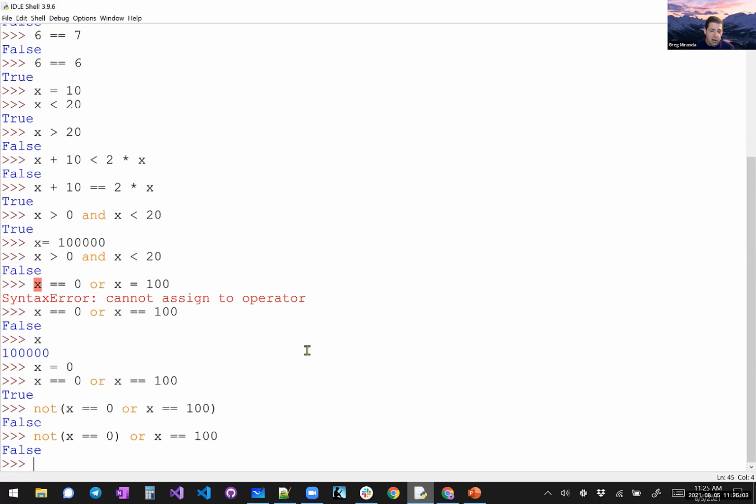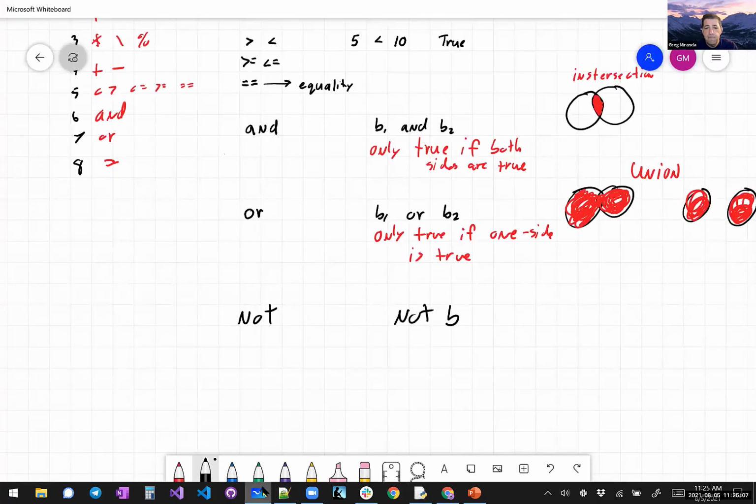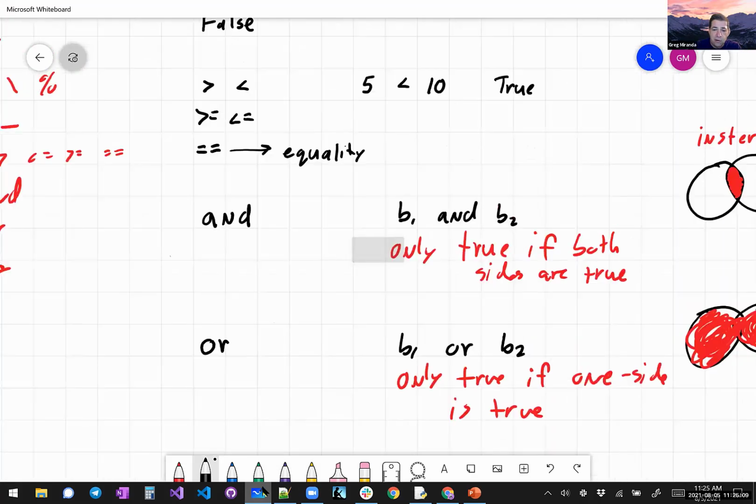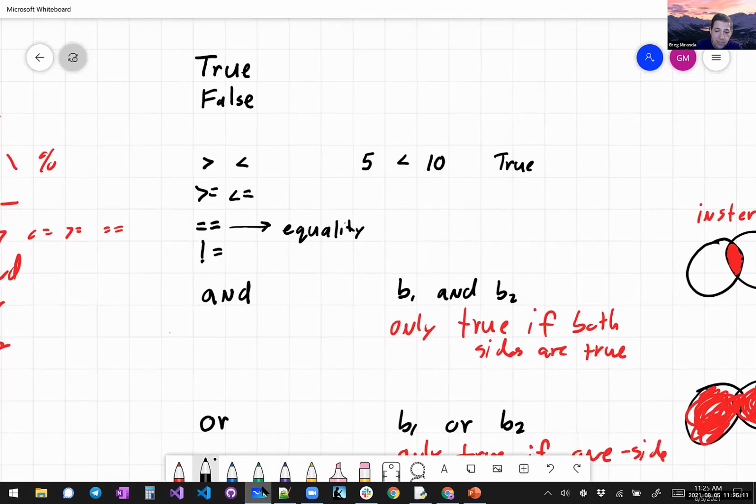Now, this is such a common pattern. There's actually another way of doing this. It's called the inequality operator. It's an exclamation point. Inequality, which is just another operator over here, which is basically saying if things are not equal.